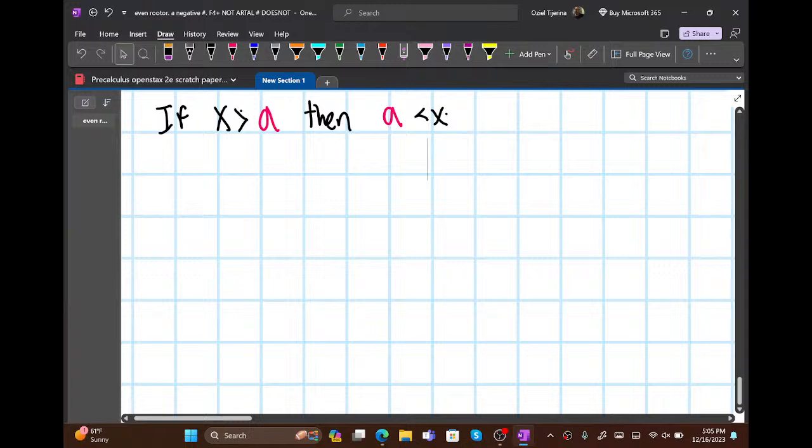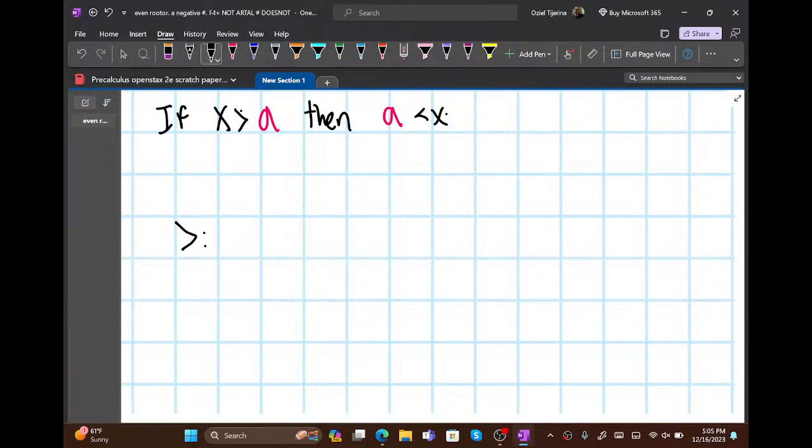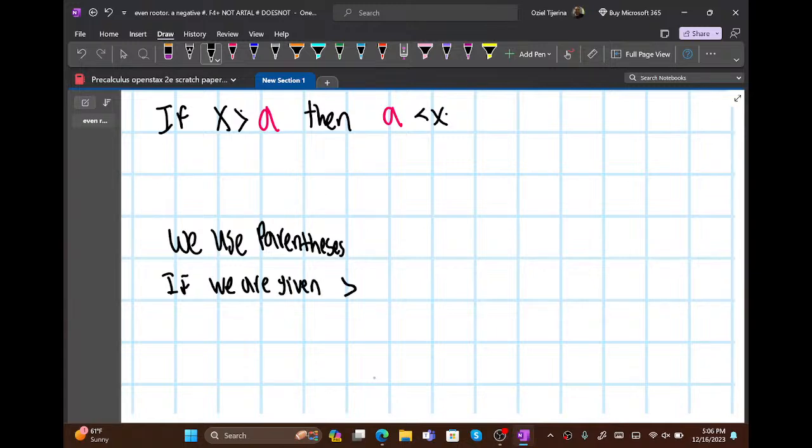One of the things is that greater than is a parenthesis. We use parentheses if we are given a greater than or less than, or positive or negative infinity. We always do that.